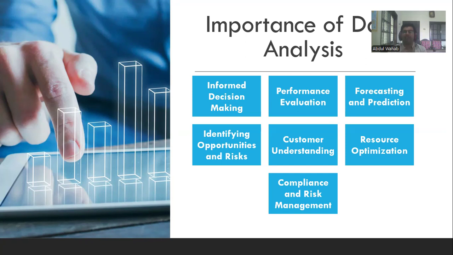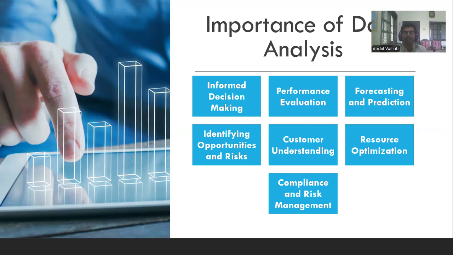Forecasting and prediction: we can predict using data analysis, just like in weather prediction. After 2 days there will be rain, so how do they know? It depends on their historical data. They analyze the patterns using data analysis. These are just examples.